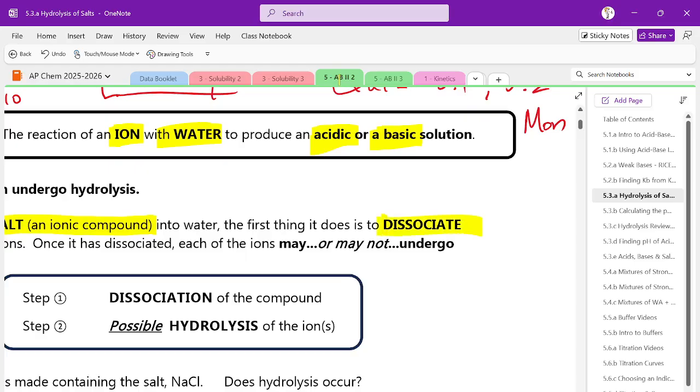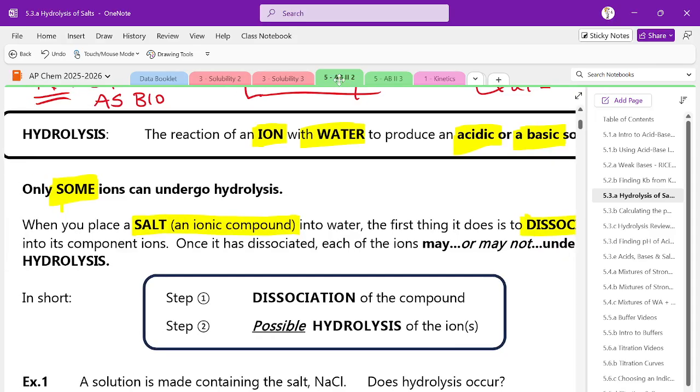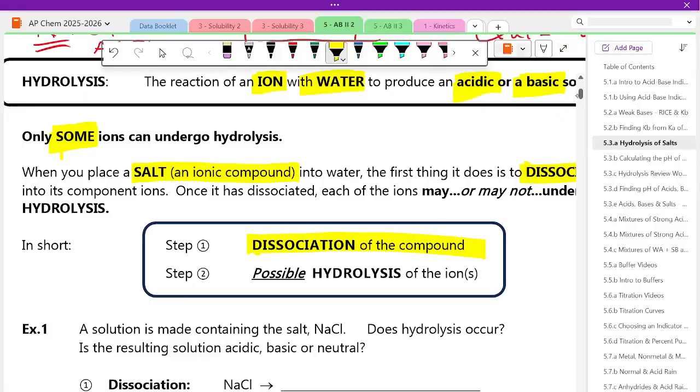And then, how many ions do you have? You have 2 ions, and you have to look at each of them and say, does this one undergo hydrolysis? And does that one undergo hydrolysis? So step 1 is always the dissociation of the compound, and that would be the ionic compound.